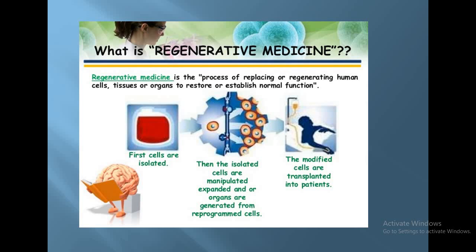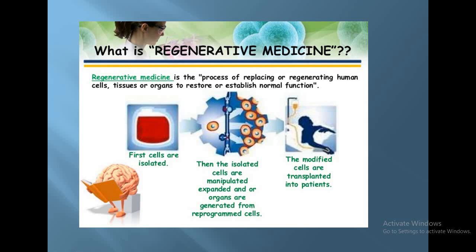Regenerative medicine has the potential to heal or replace tissue and organs damaged by age, disease, or trauma, as well as normalize defects. So we can define regenerative medicine as the process of replacing or regenerating human cells, tissues, or organs to restore or stabilize normal function.